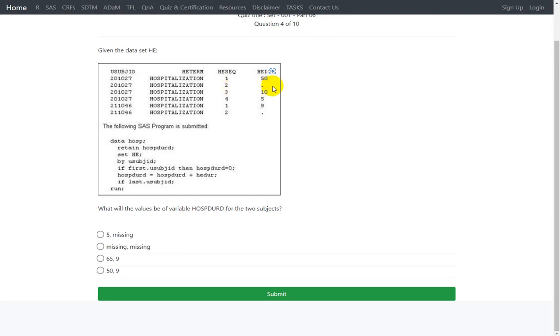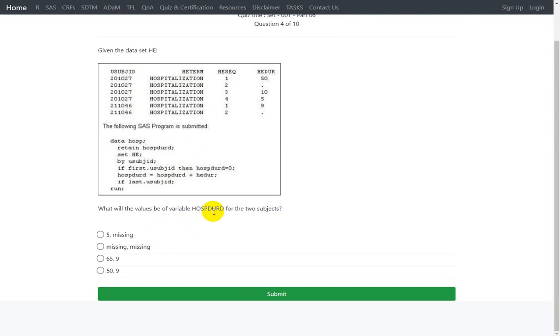So when the second observation is processed, the value would be missing in HOSPDURD. On the third observation, again it would be missing plus 10. This would result in a value of missing again. And on the fourth observation, it would be 5 plus missing. Again, it would result in a missing value. So for the first subject, after all the records are processed, the value in HOSPDURD is missing.